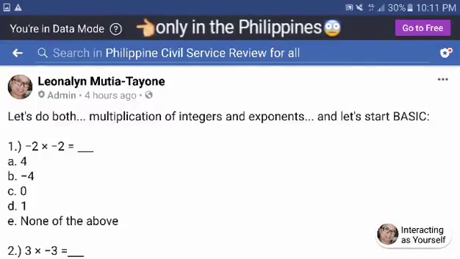Now let's do both multiplication of integers and exponents, or law of exponents on negative base. And let's start basic.